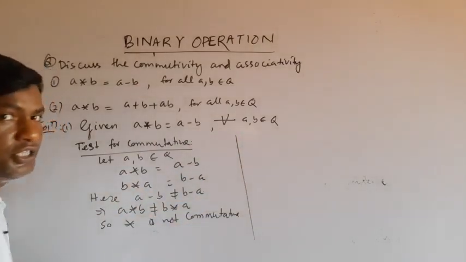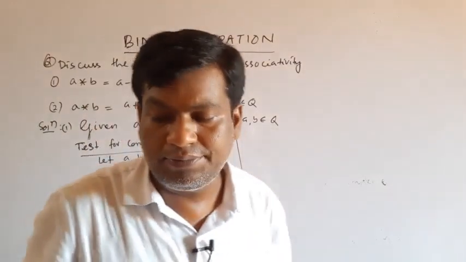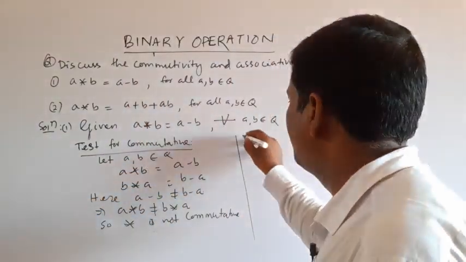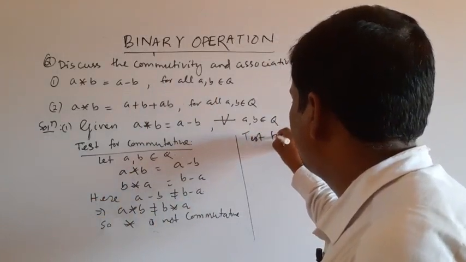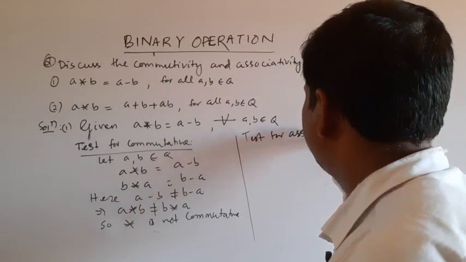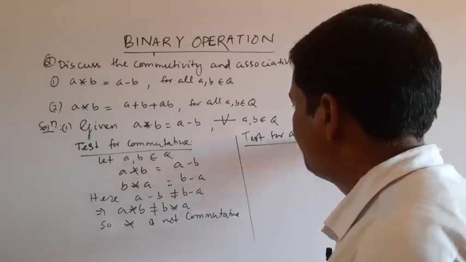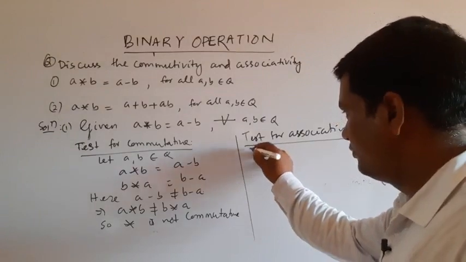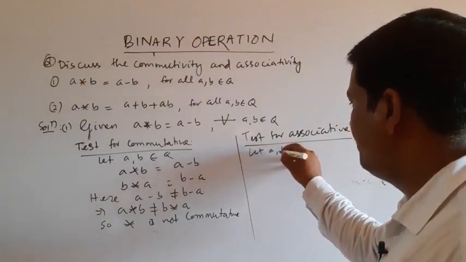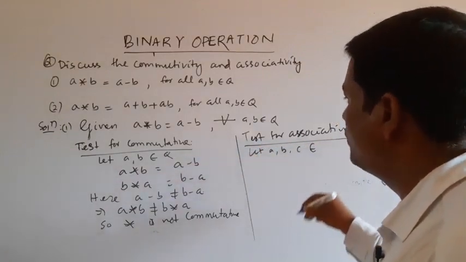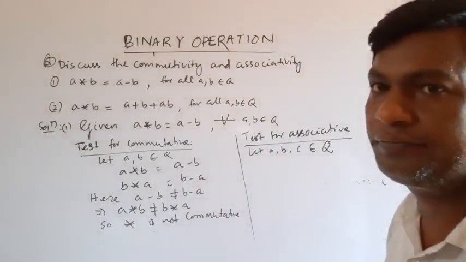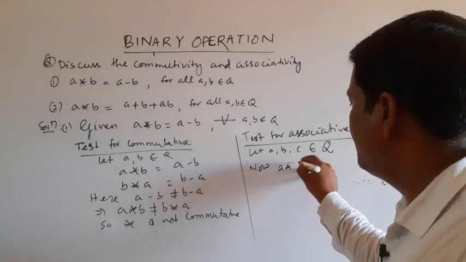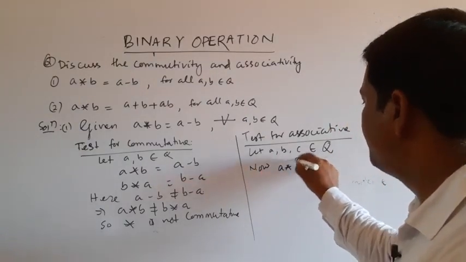Now test for associative. Let a, b, c belong to the set of rational numbers Q. Now for associative, take (a star b) star c.